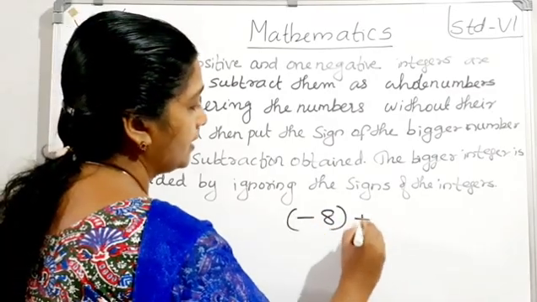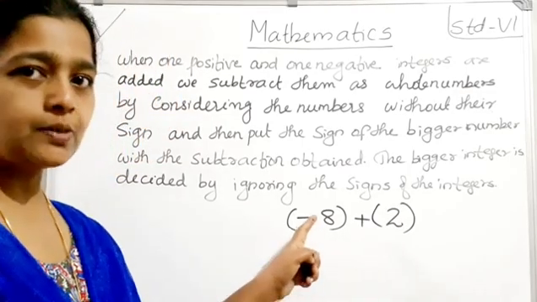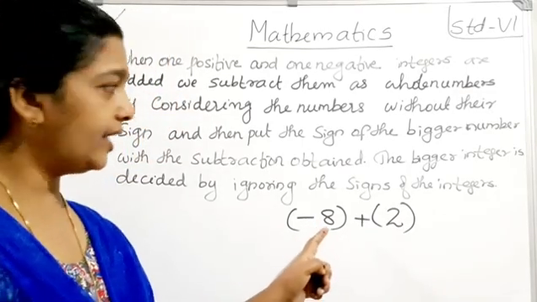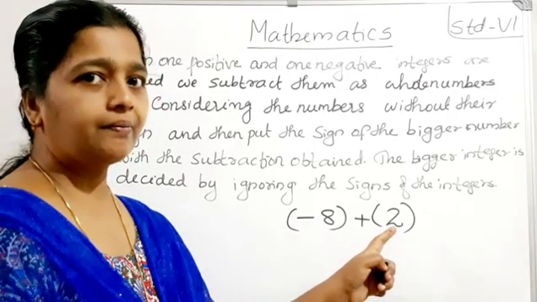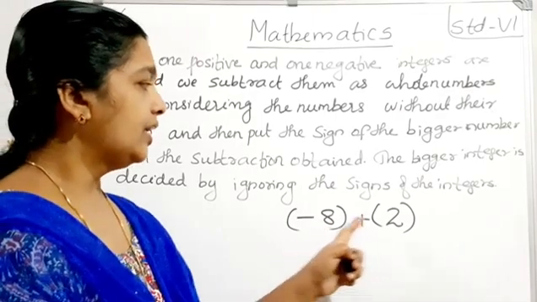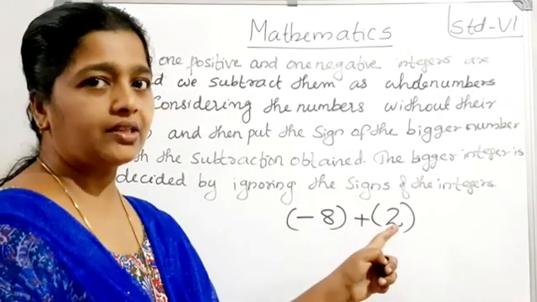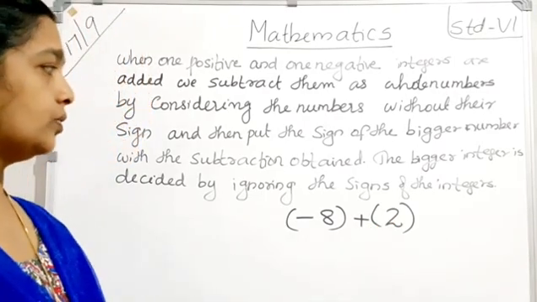-8 plus 2. Here the symbol is negative, and here positive. Understand? So here negative 8, then here positive 8. So how can we do this?